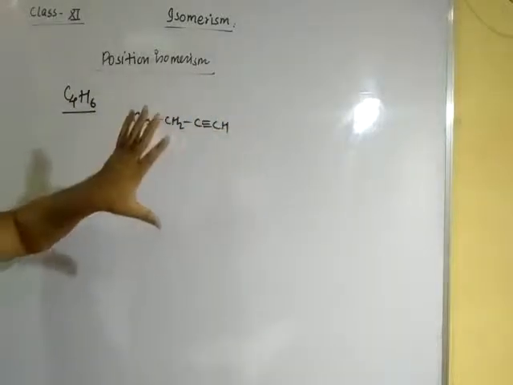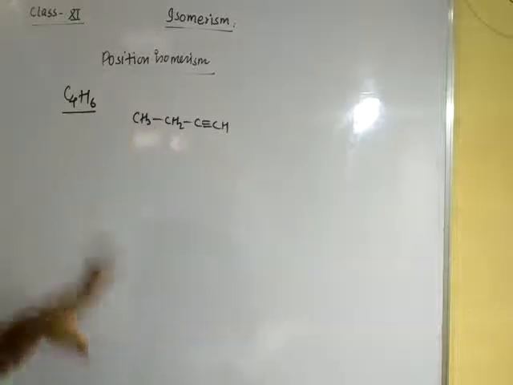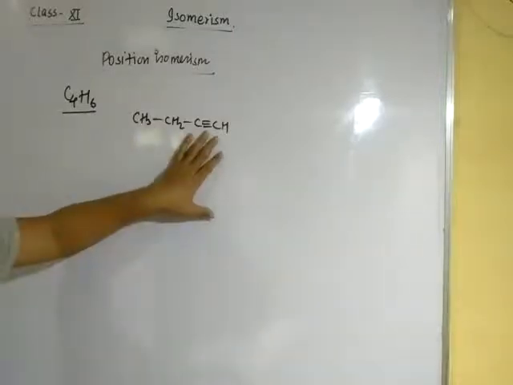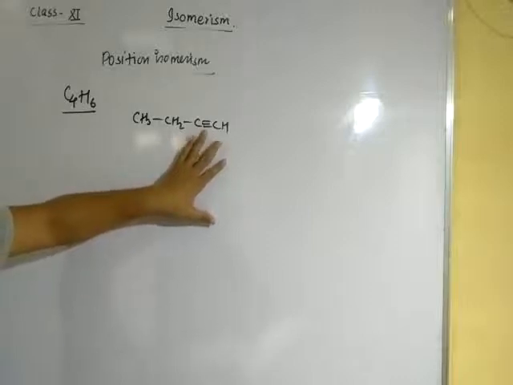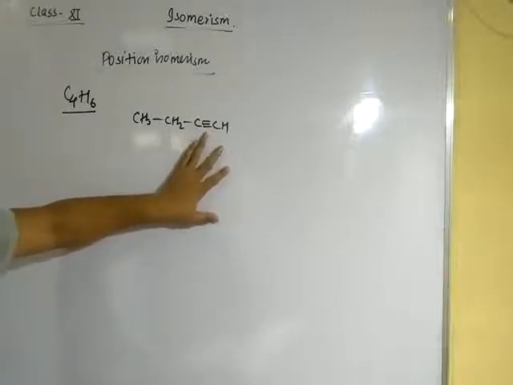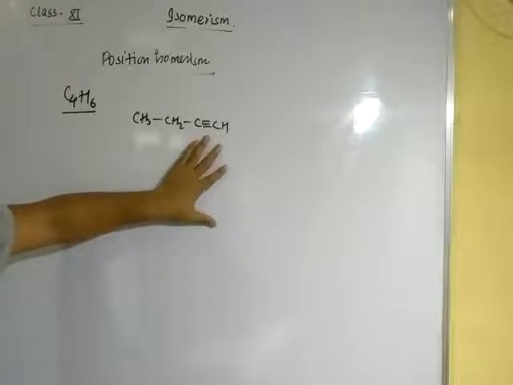All the atoms are balanced, because the valency of carbon is 4, you know. So here the triple bond is present between this carbon and this carbon, at position number 1.